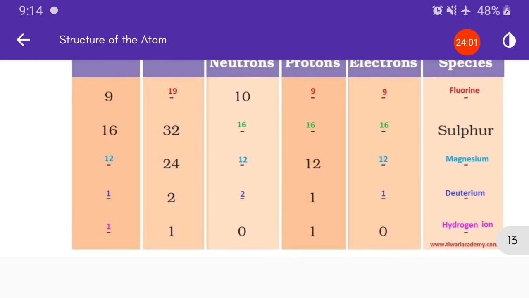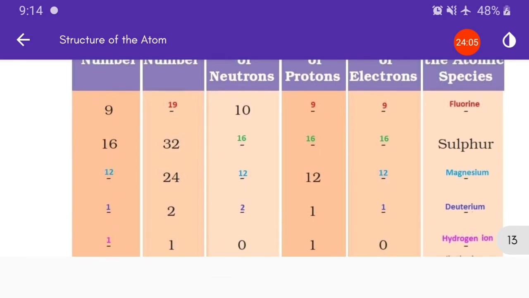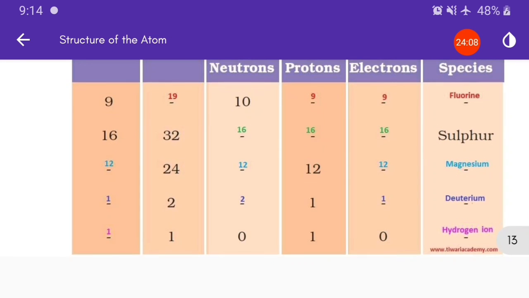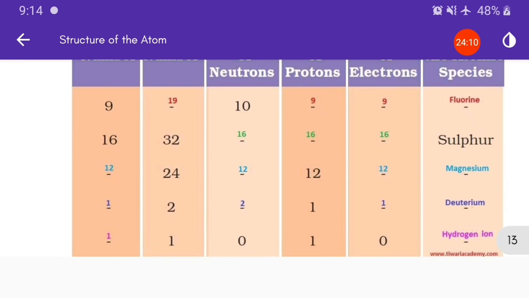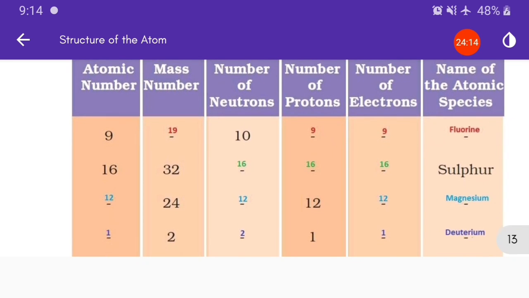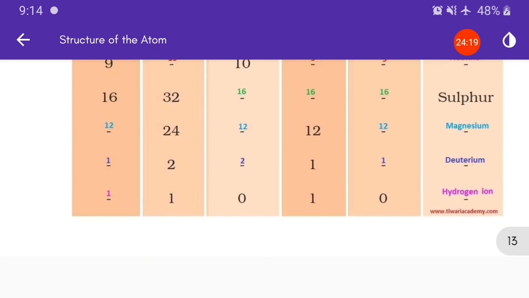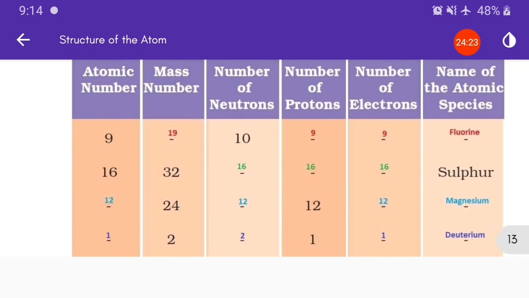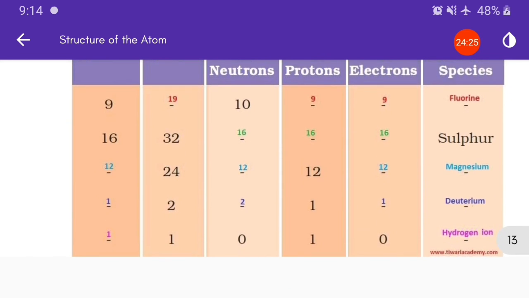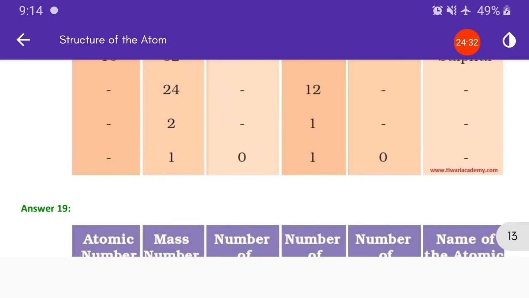In the next one, the atomic number is 1 and mass number is 2, so the neutrons are 1, protons are 1 and electron is 1. Then the last is hydrogen ion, in which the mass number is 1, there is no neutron, only a proton, and no electron. Like that, in the exam the question will be asked.